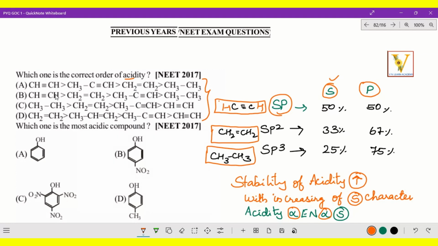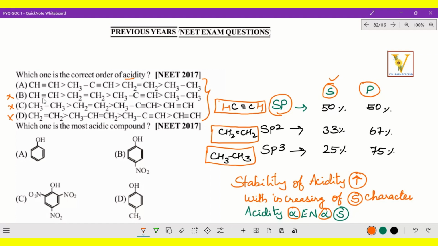So they are giving increasing order, decreasing order, bigger one, smaller one like that. Here they have given triple bond, here also triple bond, here double bond and single bond, so single bond is the least one. And the same way, the fourth one: here double bond, double bond, triple bond, triple bond. So these three will not be the correct option.